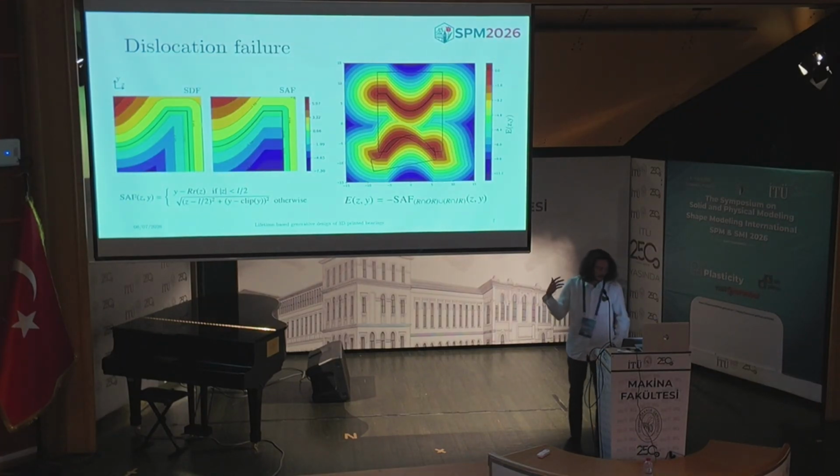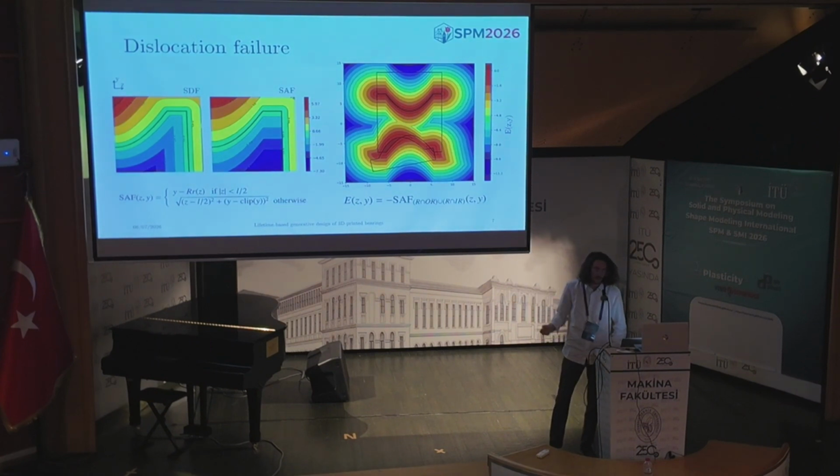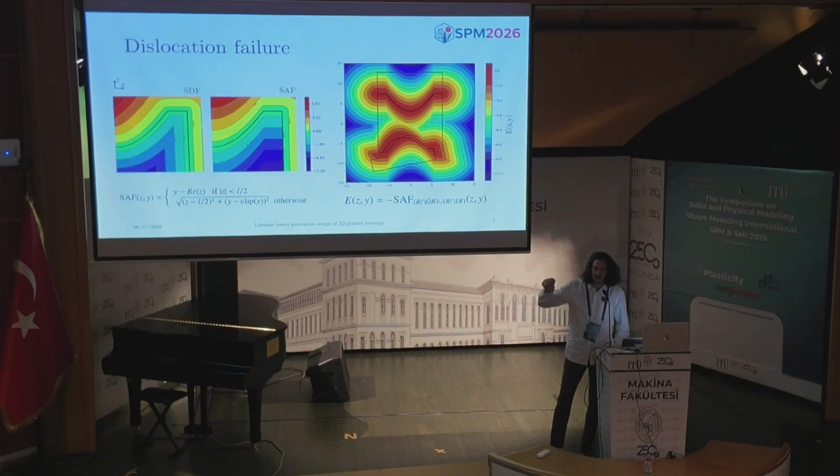So for the dislocation failure, the problem is when the roller escapes from the inner and outer ring. For that, we take into account something that we call the oriented signed distance field, which is basically just a signed distance field, but in one direction. Because our rollers are always a shape of revolution, we can simulate it.